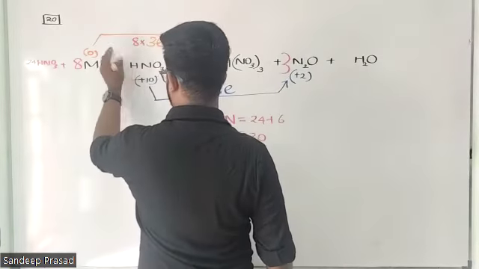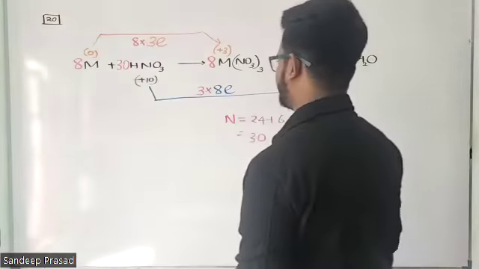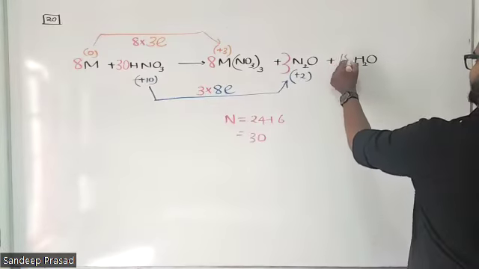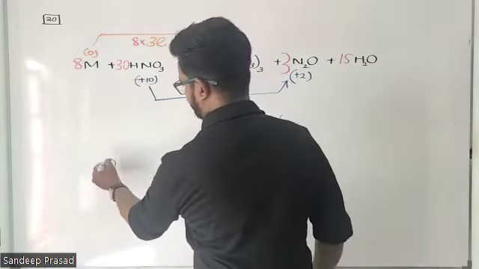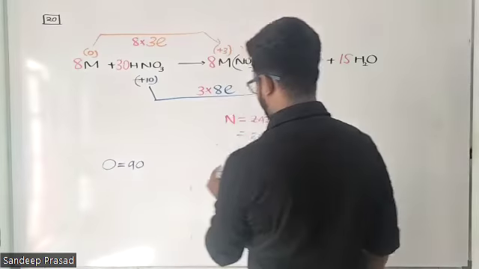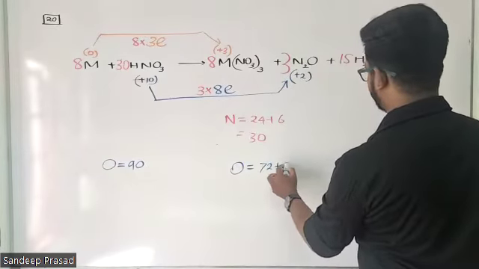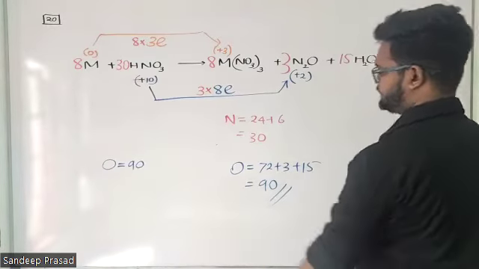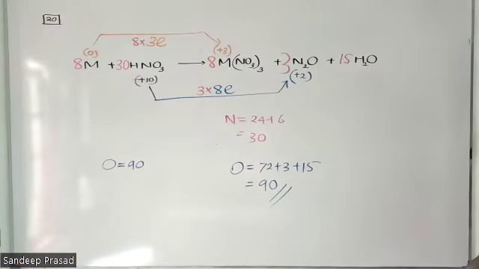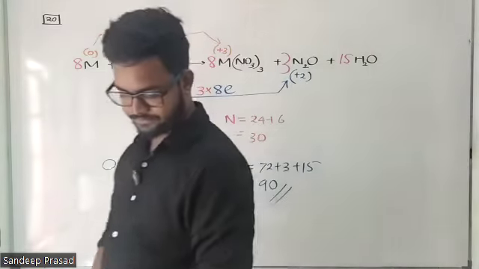So therefore, we can change this coefficient to 30. Hydrogens are 30, therefore this one should be 15. Finally, you can count the oxygen atoms. 30 into 3 is 90. And here 9 into 8 is 72, plus 3, plus 15, 90. Reaction is balanced. So this is the 20th one.